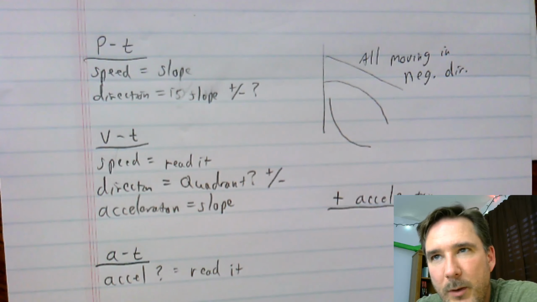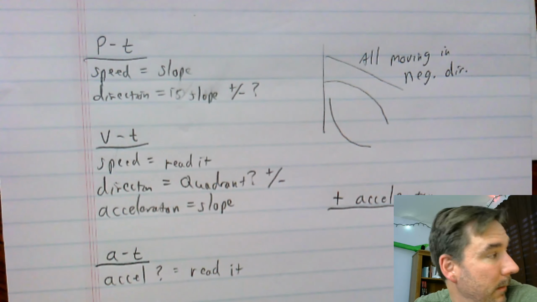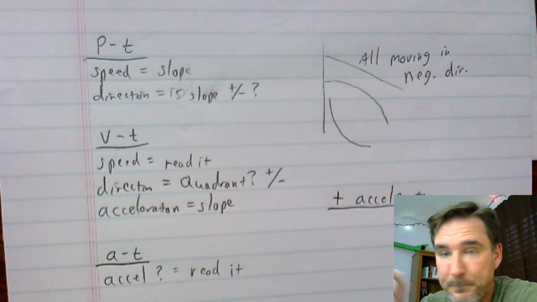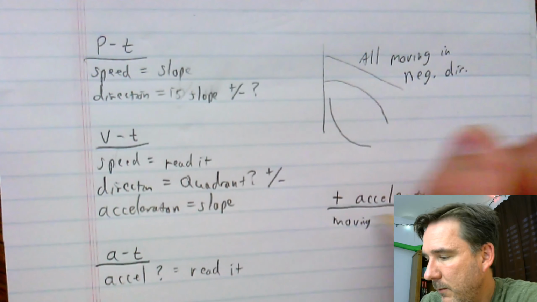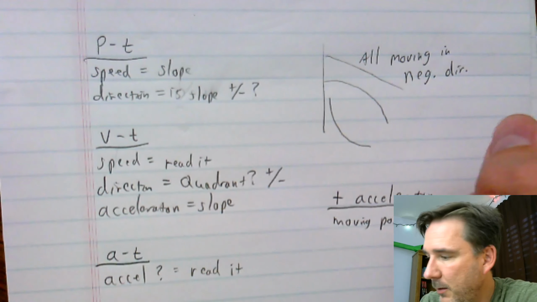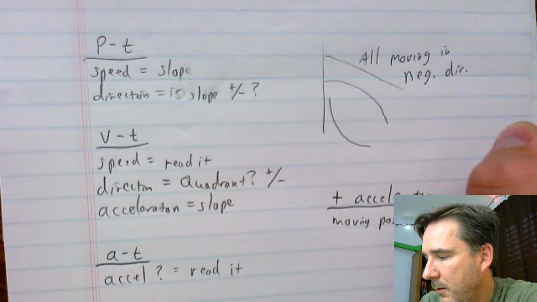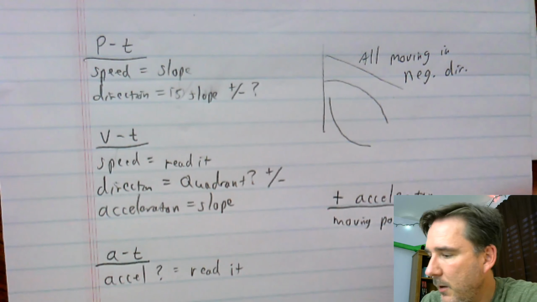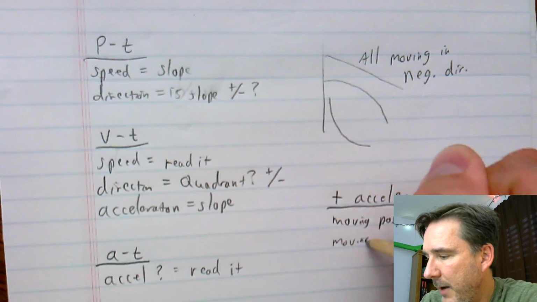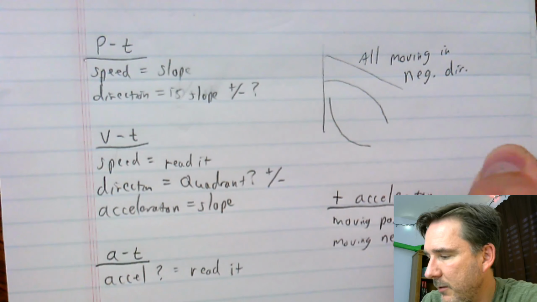So if you've got the wind blowing in a positive direction, what's it going to do to you? Well, if you are moving positive, then what's going to happen? Then you speed up. Okay, you get faster. But if you're moving backwards, if you're moving in a negative direction, then you slow down.